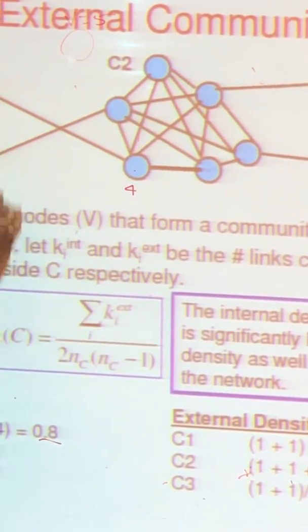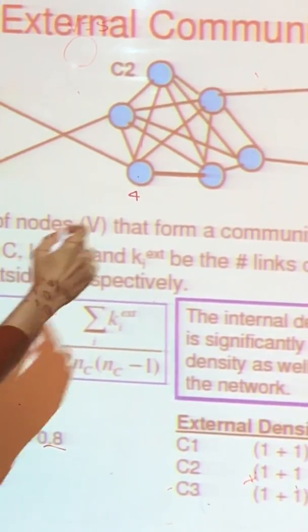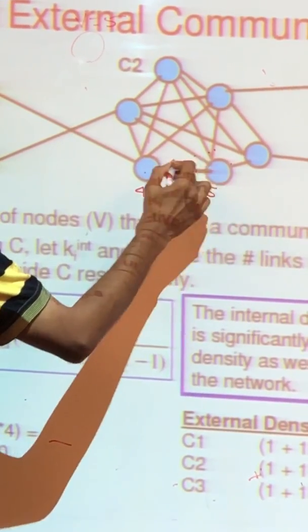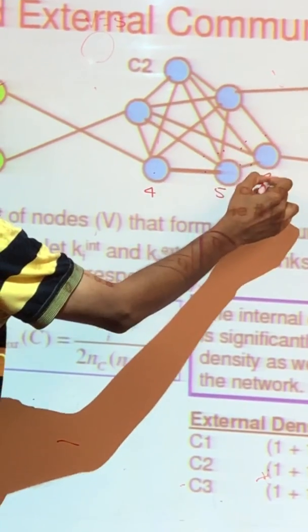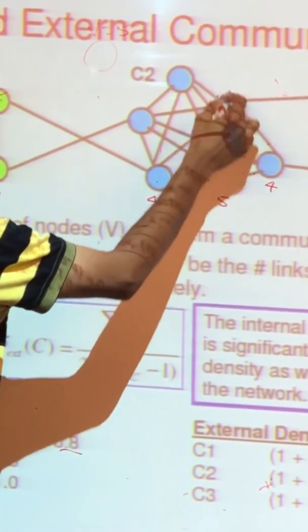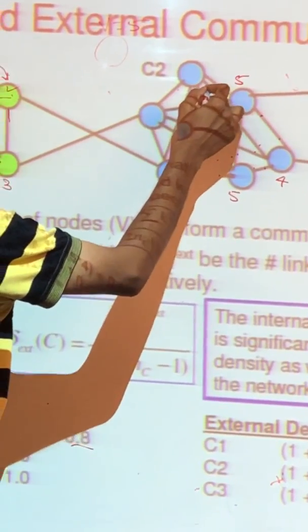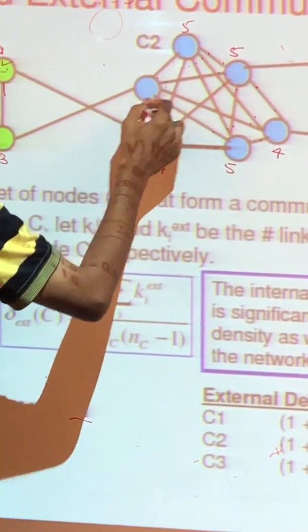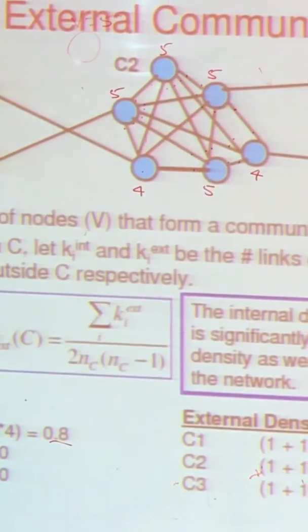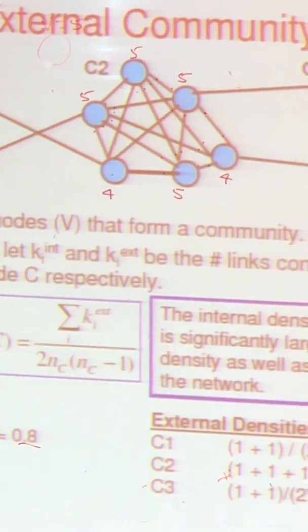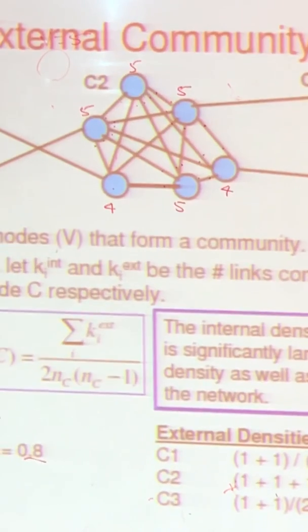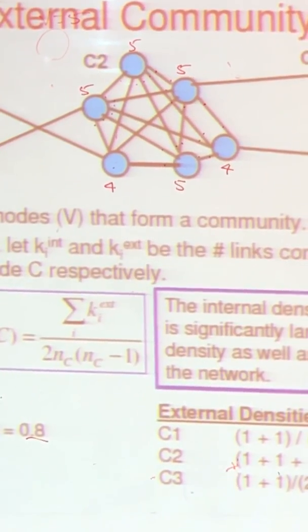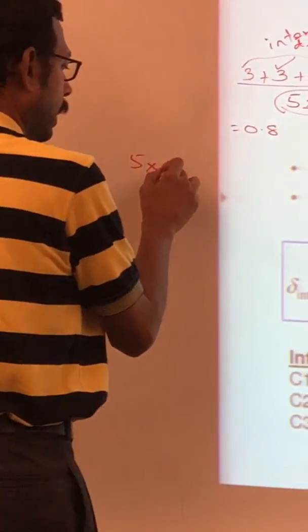Because this edge goes to something outside the community. What about this vertex? 1, 2, 3, 4, 5, right? And 1, 2, 3, 4, 5 for each of the others. So just count the number of edges to vertices within the community and sum them up. So it is 5 times 4.